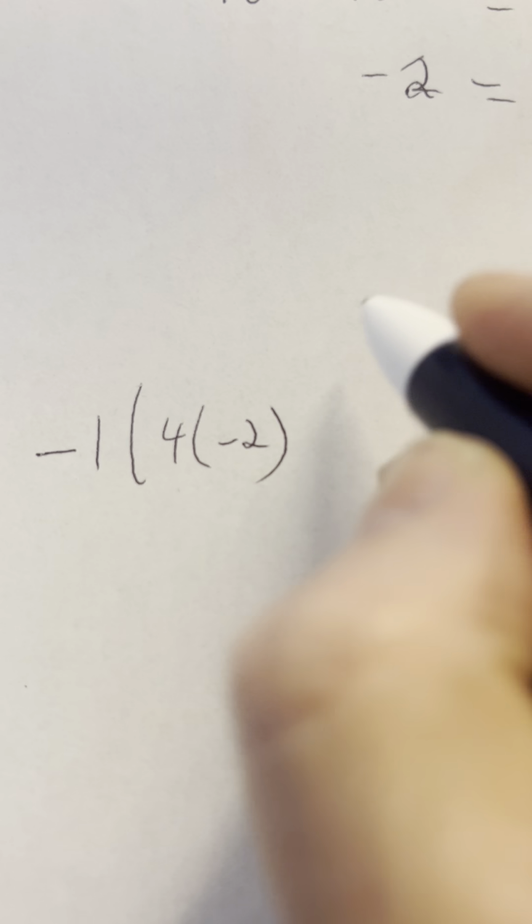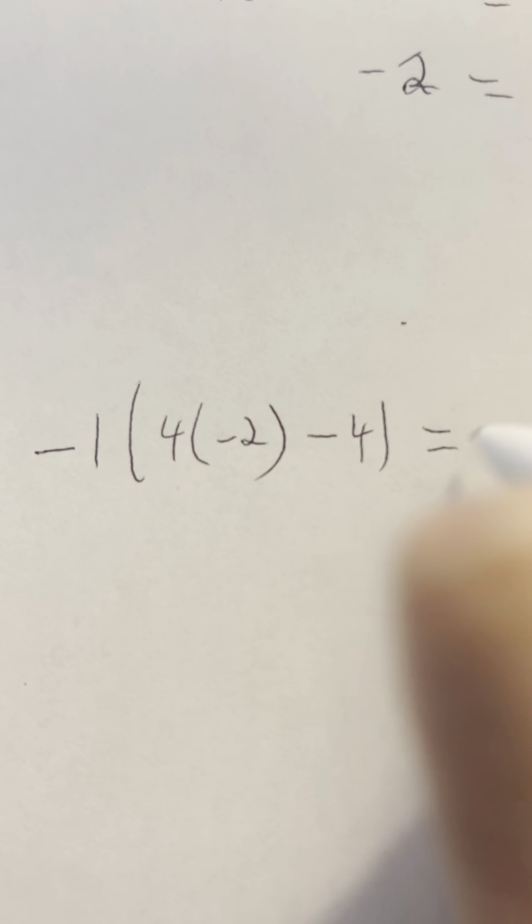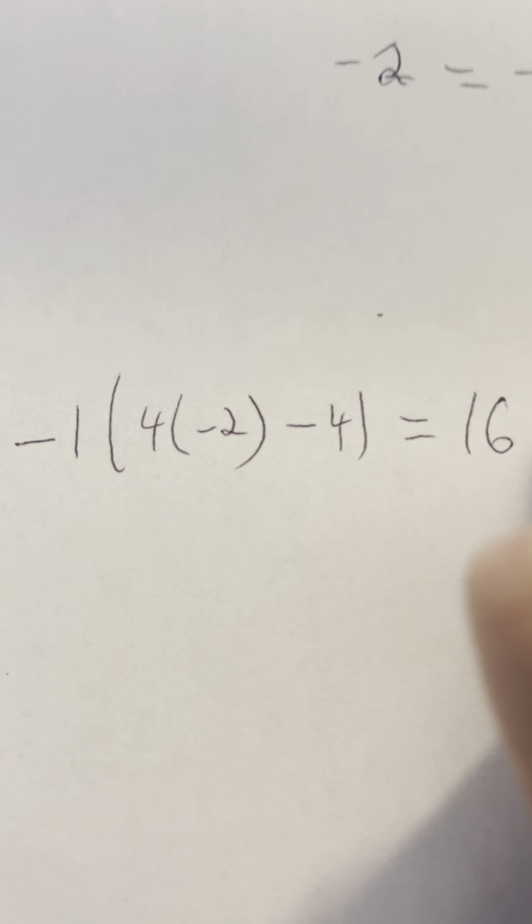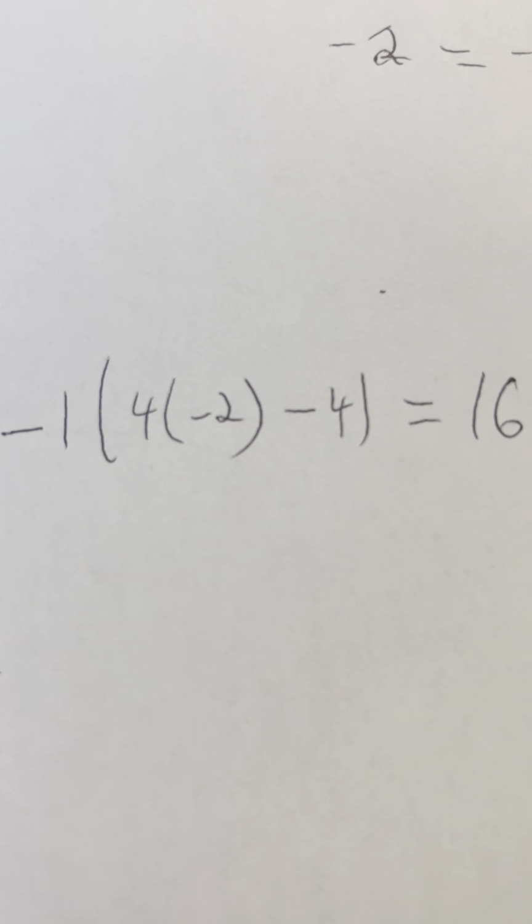So let's check our answer. Our last answer. All right, negative 1. 4 times negative 2 minus 4 equals 16 plus 2 times negative 2.